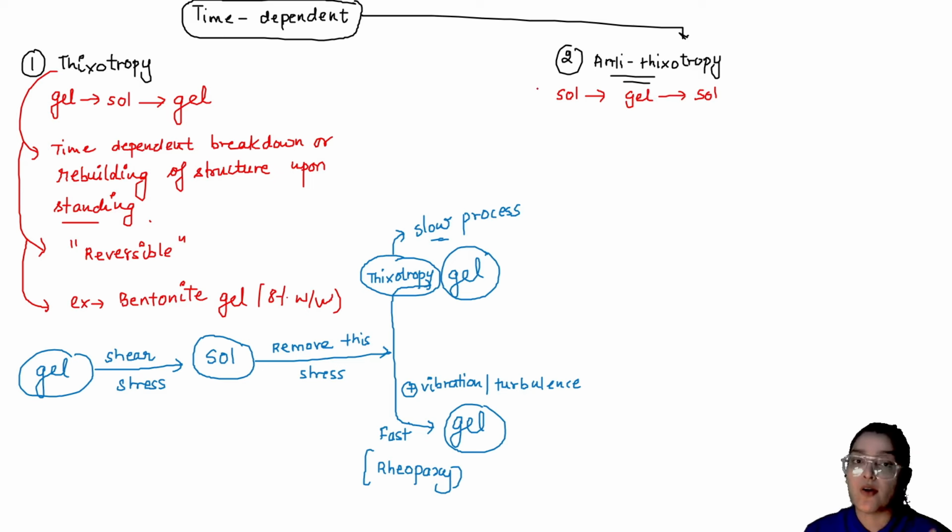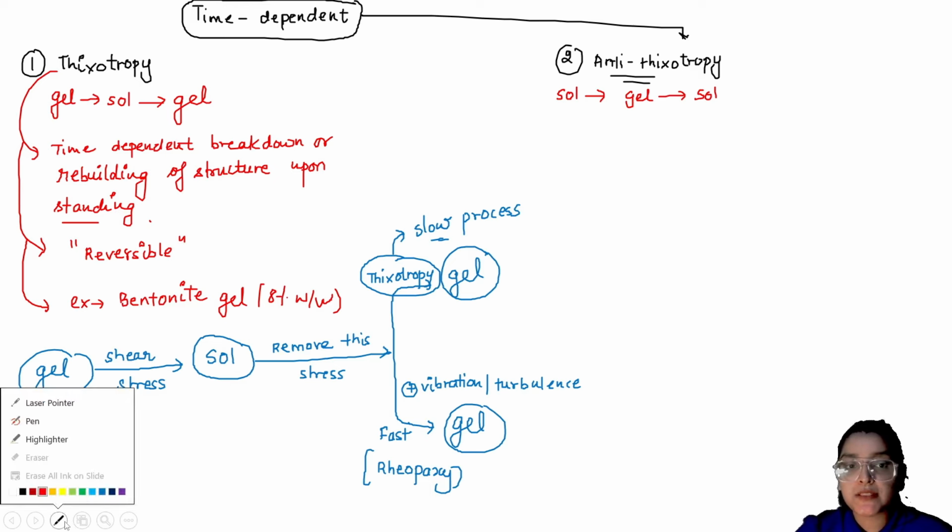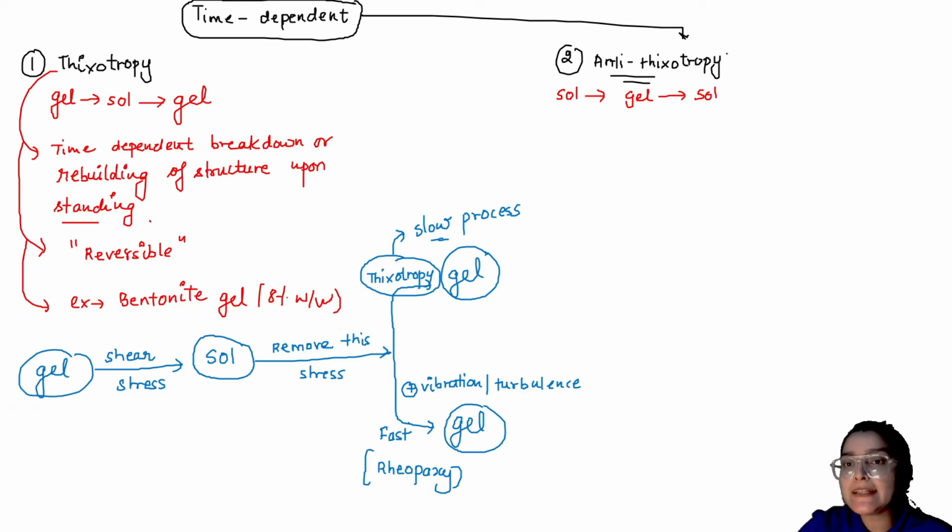anti-thixotropic system. This is also a time dependent breakdown or rebuilding of structure which occurs upon standing. Okay students? Now on the anti-thixotropy part, we should know that it is a sol to gel to sol interconversion. As we have seen in thixotropy, the gel sol gel conversion occurs with a slow process, that is thixotropy, and if vibrations or turbulence is provided, it is a better and faster process.